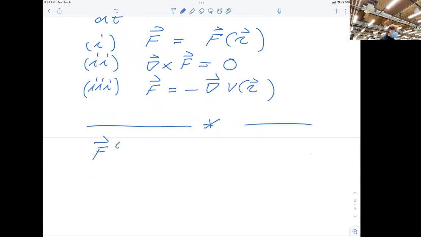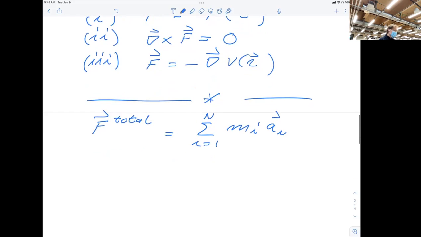If we now call this the total force acting on a given object, this would typically be given by the sum from i equal 1 to N over all the individual elements of a given system, and that's given by the mass times the acceleration. And these forces here are something which we would now write out as F_i. And this is the force which affects one of the objects.